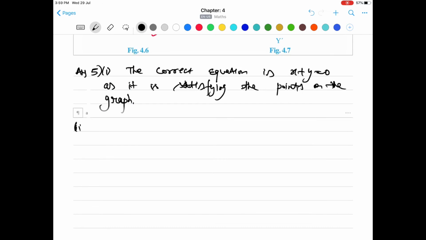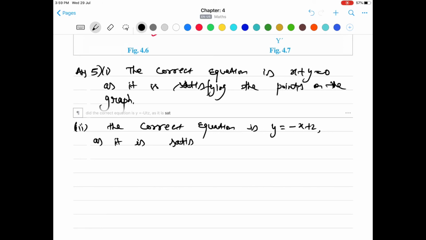So we'll write part second, the correct equation is the third one, which is y equals to -x plus 2, as it is satisfying the points on the graph.